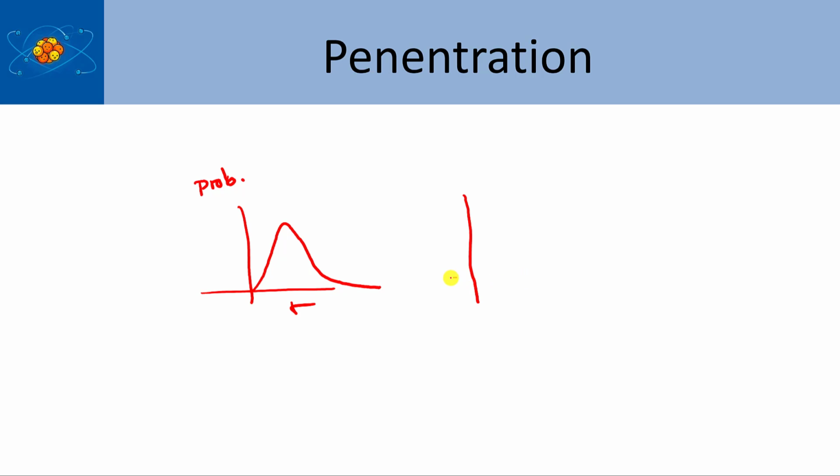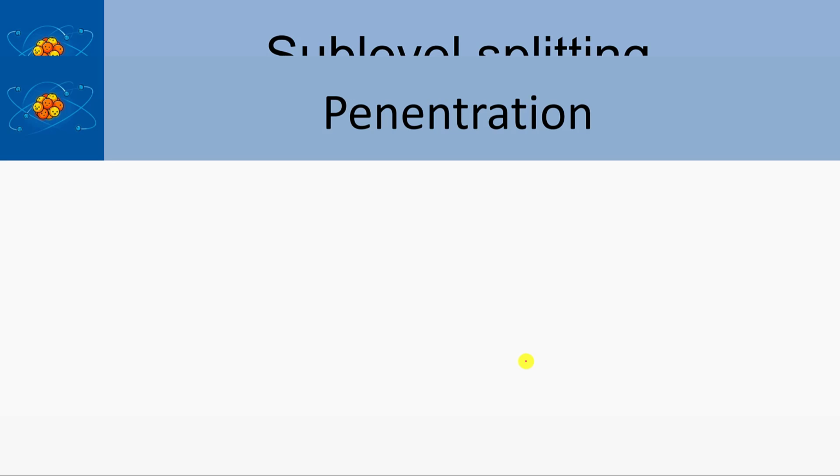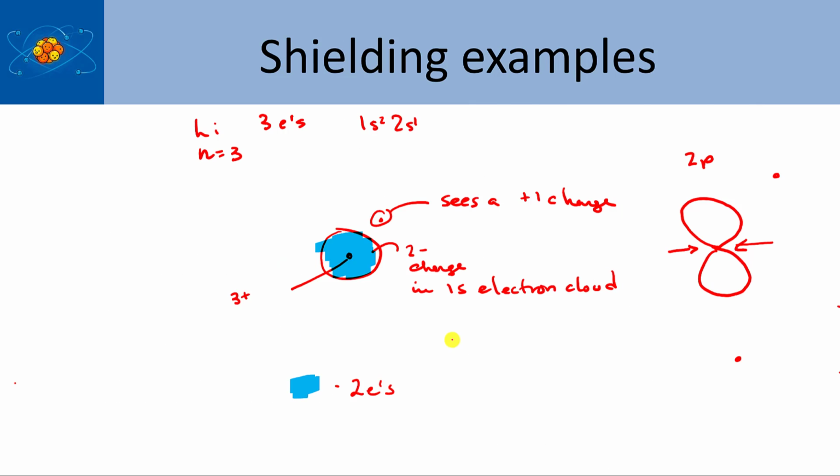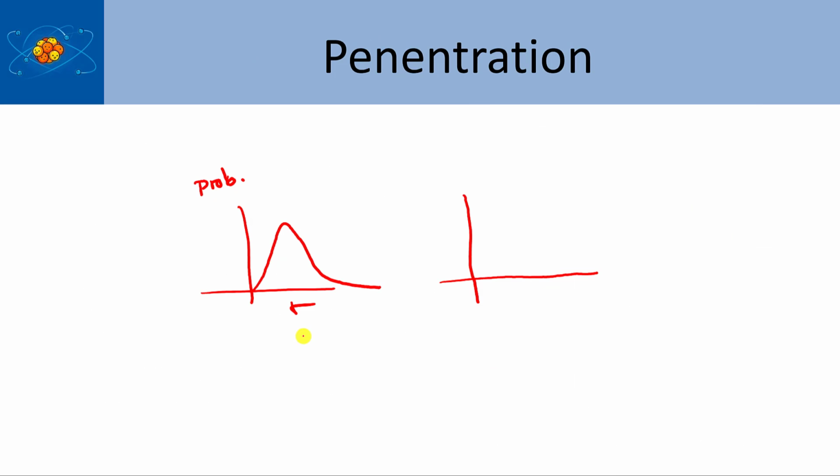If we look at the same function for a 2s orbital, remember, this is 1s. This is 2s. When you go from 1s to 2s, this has a radial node. And if you remember, in the images that we looked at, the 1s was a solid sphere, where the 2s was a sphere with a hollow spot in the middle of it.